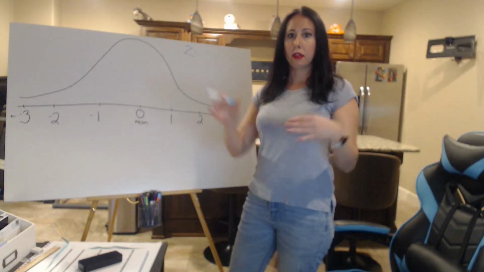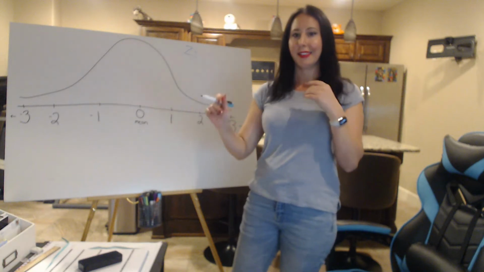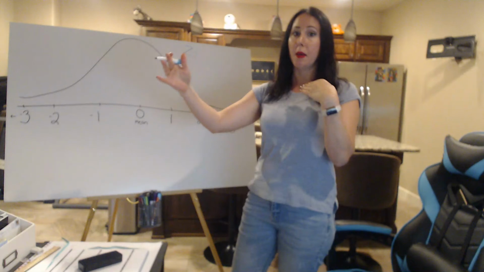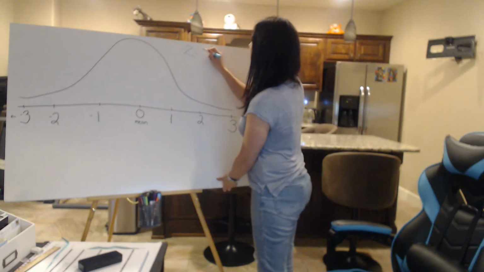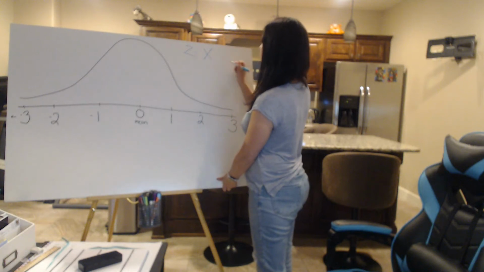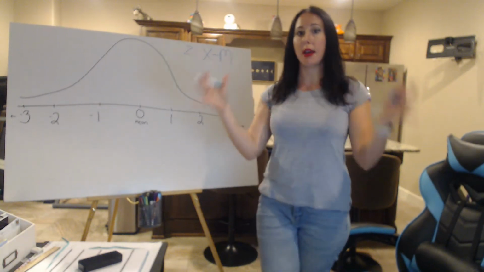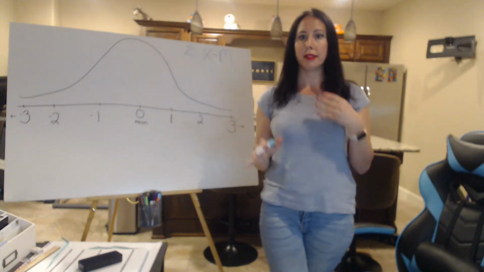My score was 60. The mean was 50. I'm 10 points away from the mean. So I'm going to do x, which is the score that I'm considering, minus the mean. So that's step one, right? In terms of raw numbers, how far away am I? My score minus the mean.